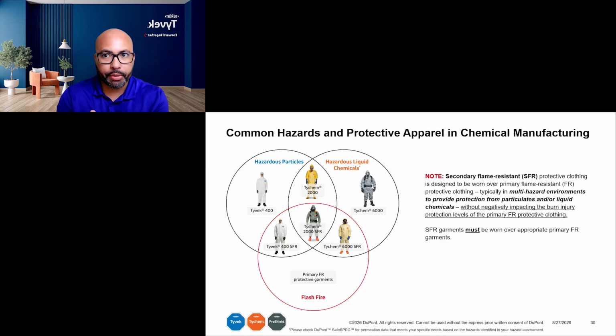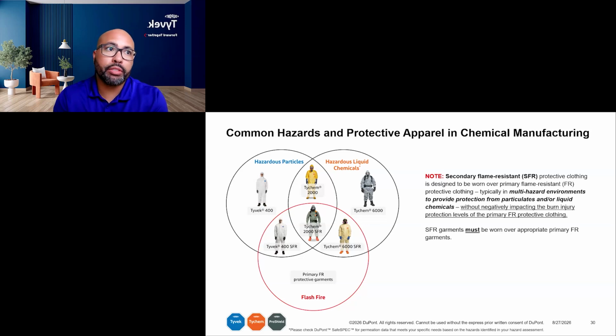Just like that bottom Venn diagram shows in the red, if you are in an FR environment, DuPont SFR protective clothing will be needed in these hazardous particulate or liquid chemical environments.